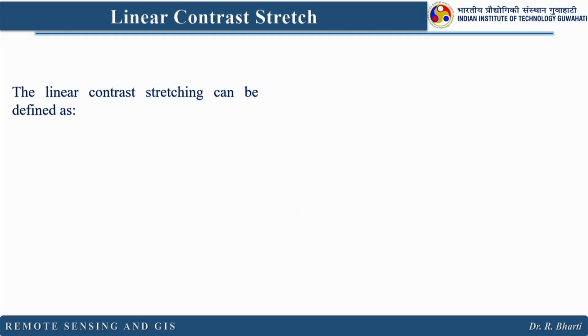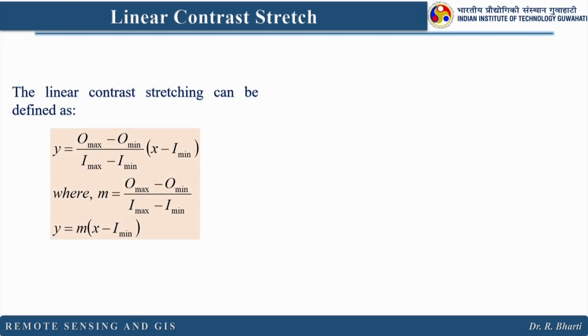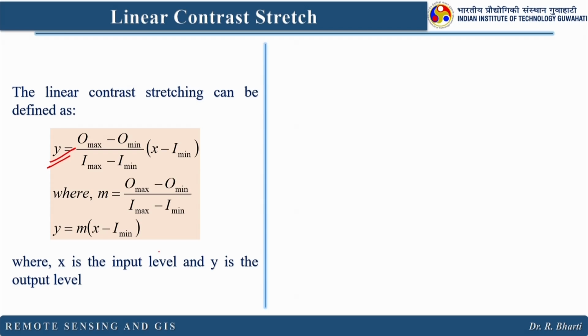The linear contrast stretching can be defined as this, where we calculate Y. O max minus O min is the output image range you want, and I max minus I min is your input maximum and minimum DN value. If you apply this, you can easily calculate the Y value, and Y is the output value.